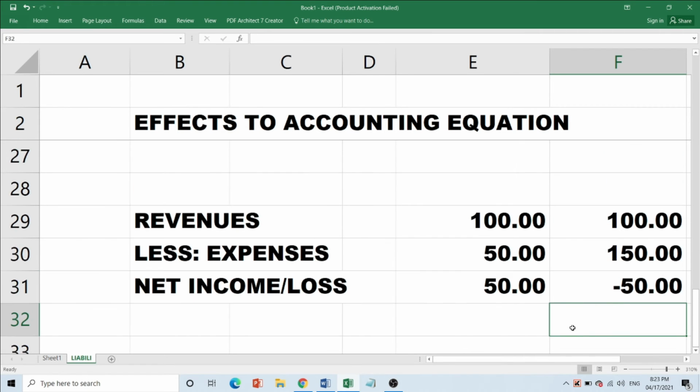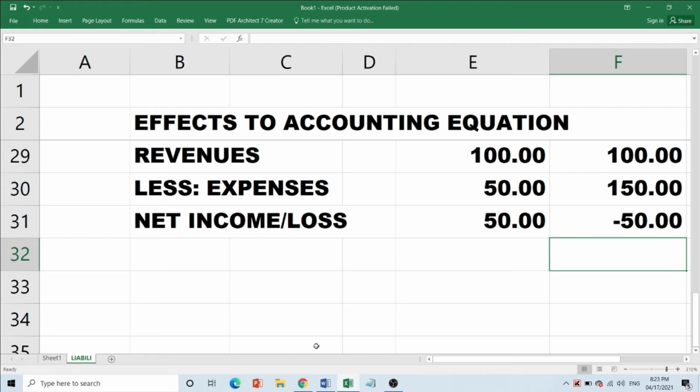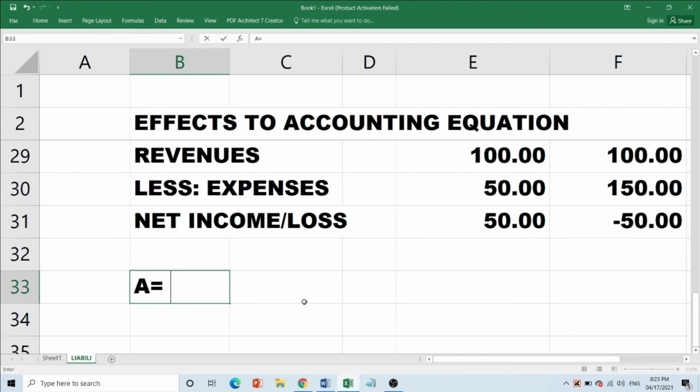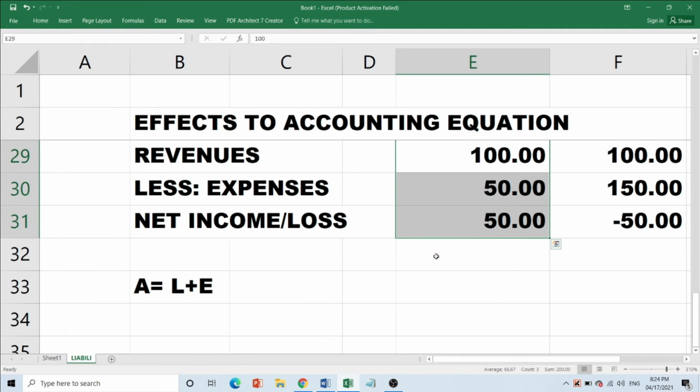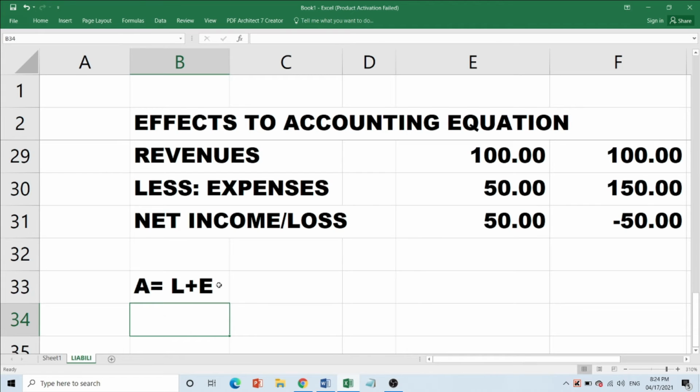Paano natin to i-analyze sa ating accounting equation? Okay. Assets plus liabilities plus equity. Unahin po muna ito natin. First example natin. Na mayroon tayong net income na 50 pesos. Okay? So, sa assets, wala na siyang effect. Kundi nandoon lamang siya. Ang effect niya nandoon lamang sa equity. Anong mangyayari ngayon?